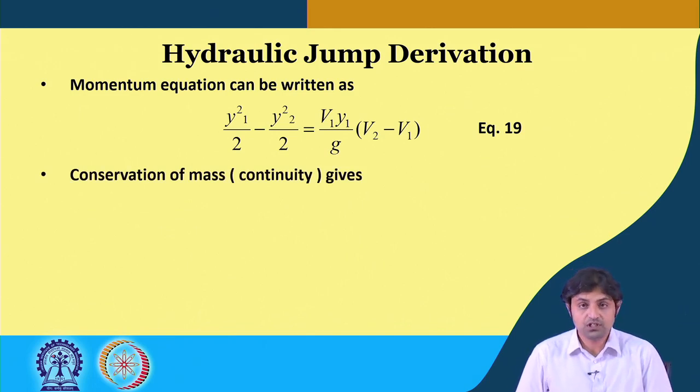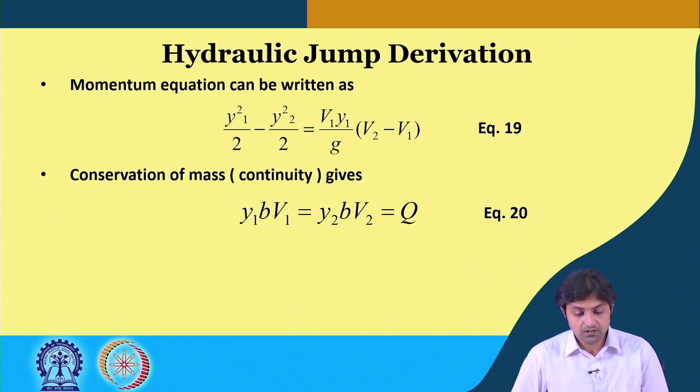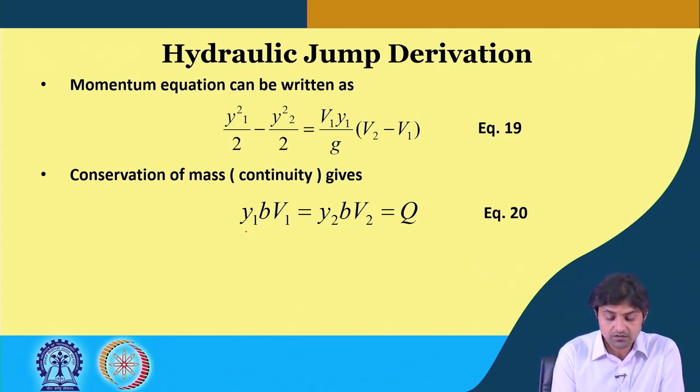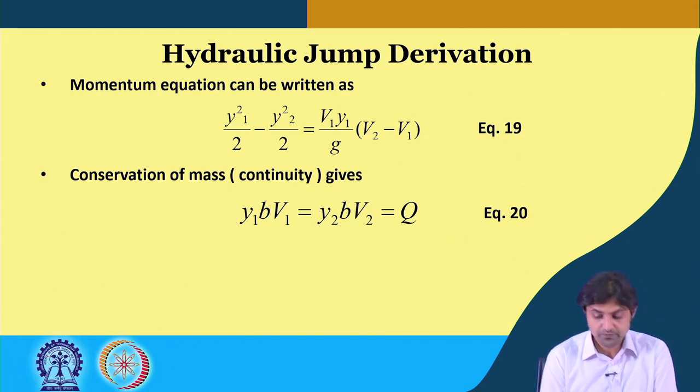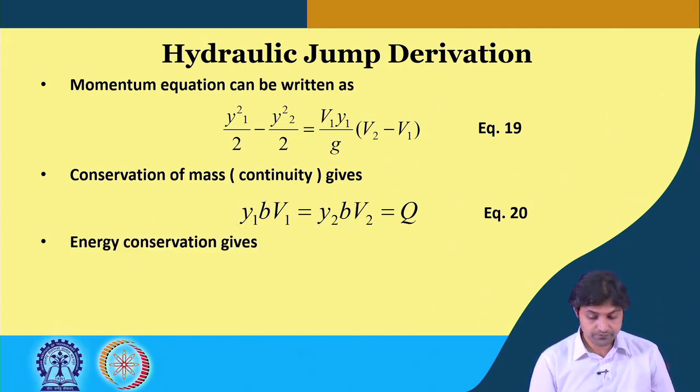If we use the conservation of mass, that is the continuity equation, it will give us y1 b v1, that is A1 V1, equal to A2 V2, which is Q. We have already written this before. And the energy conservation.